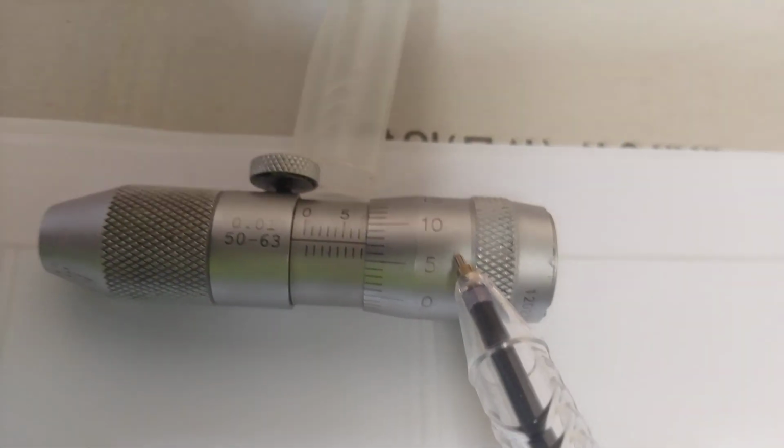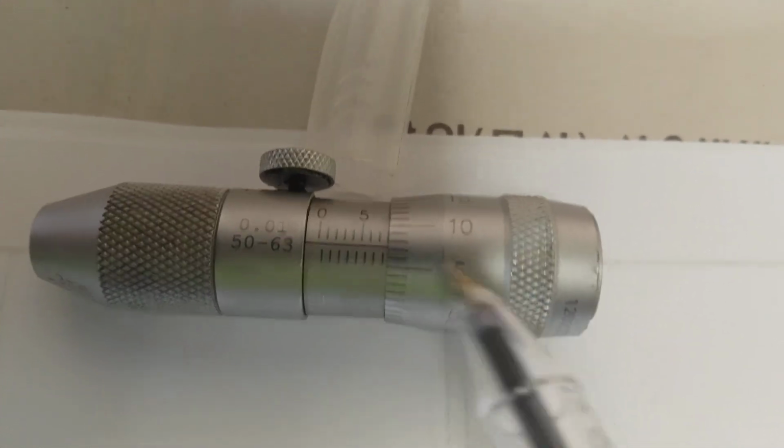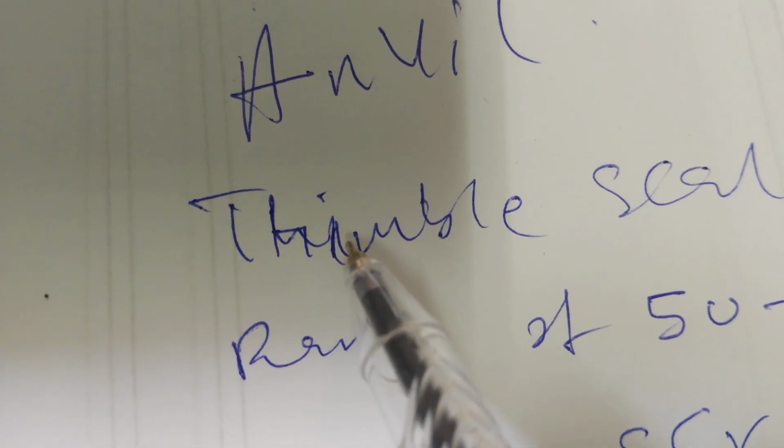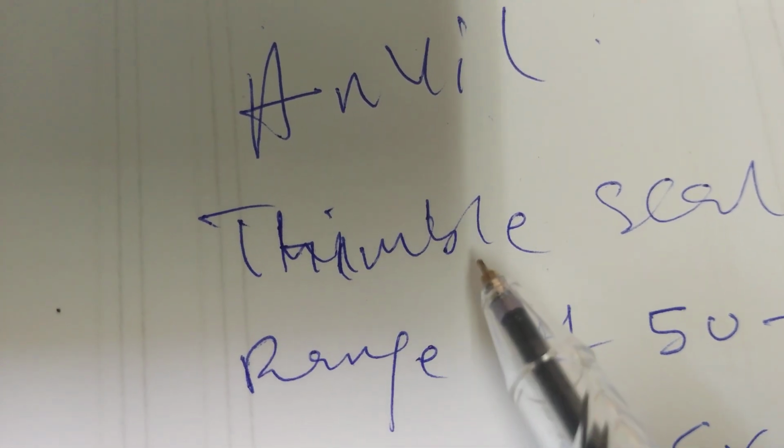This one is the anvil, A-N-V-I-L. And this one is the thimble scale. You can roll it. This is your thimble scale.